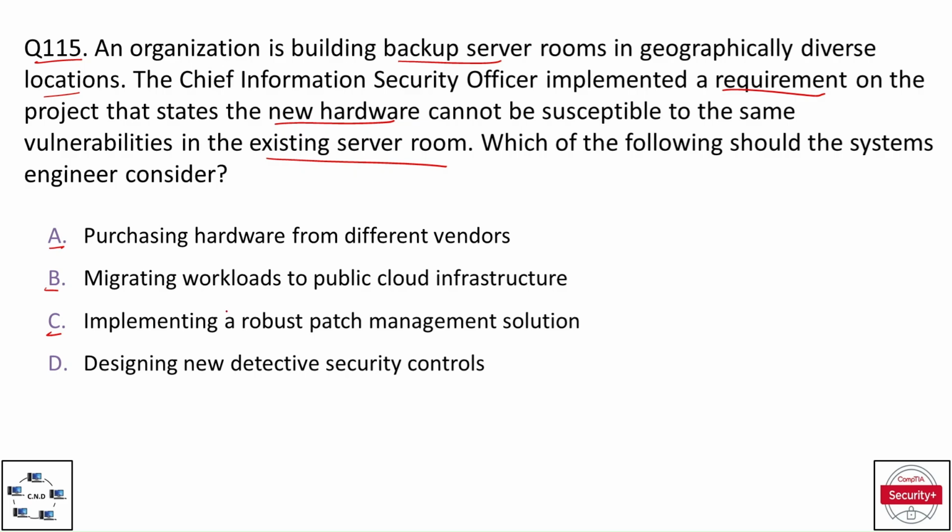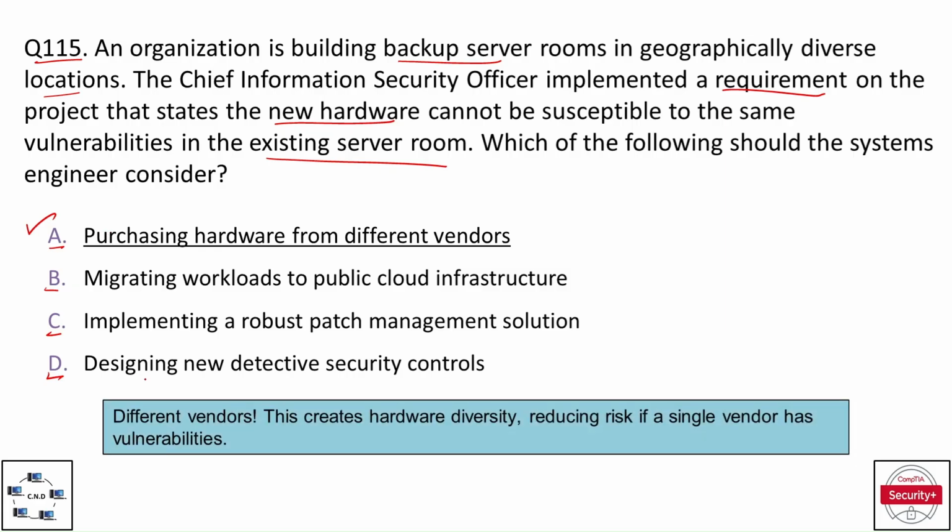Option C, implementing a robust patch management solution. And option D, designing new detective security controls. And the correct option is option A, purchasing hardware from different vendors. So different vendors means hardware diversity, which reduces risk if a single vendor fails or if a single vendor has vulnerabilities.